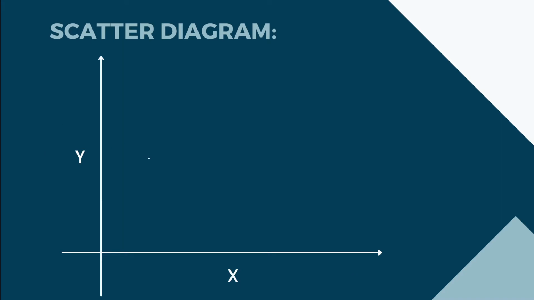If you plot the points x and y on the graph paper and the nature of points is like this, then we say that the correlation is positive but the tendency is low, meaning it shows a low degree of positive correlation.